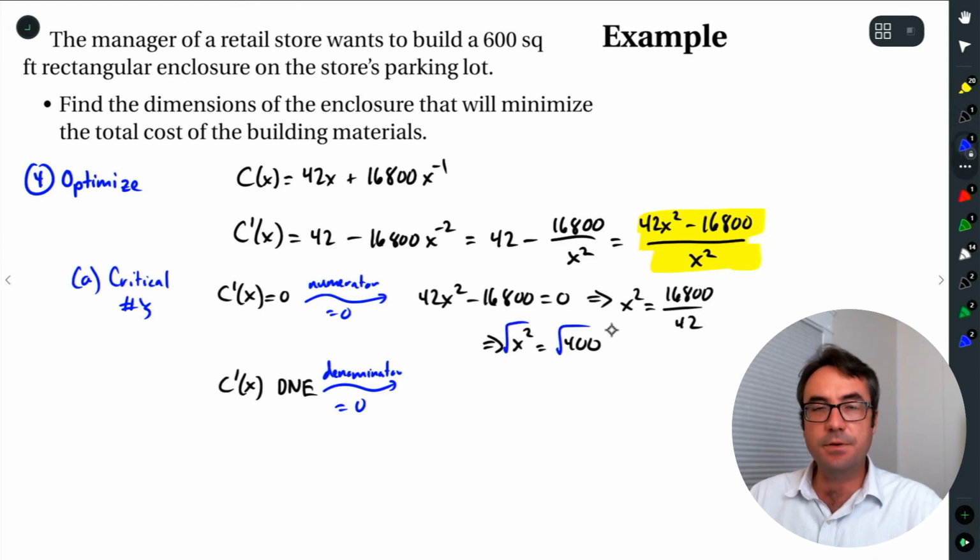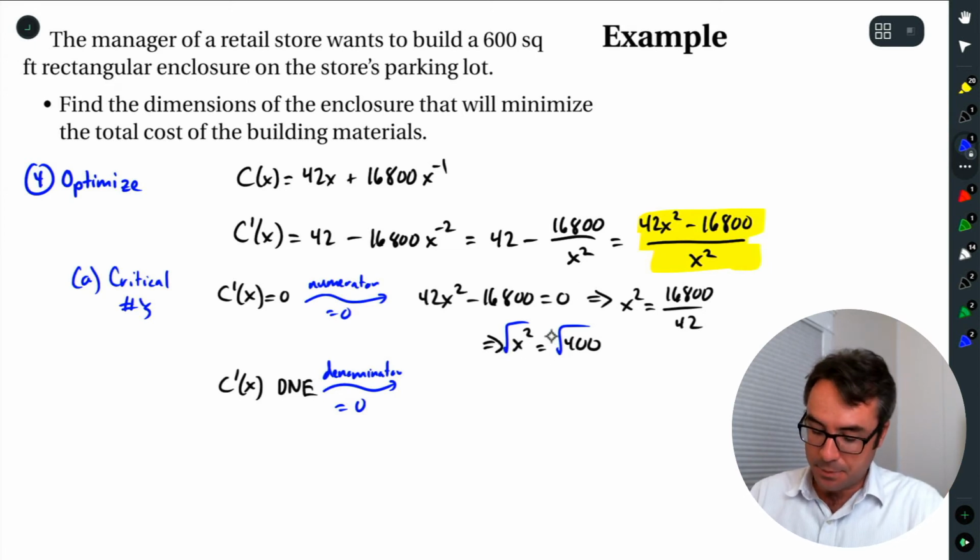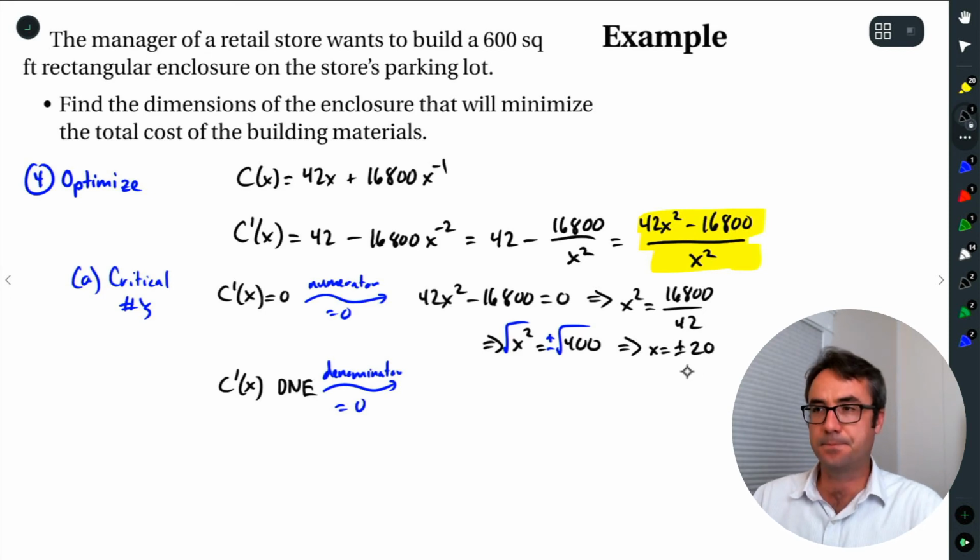Now, whenever we apply the square root, when it's not already there, plus minus goes in front. So plus or minus the square root of 400, and that's a nice perfect square. We get x is equal to plus or minus 20. Now, plus or minus 20 are possible critical numbers.